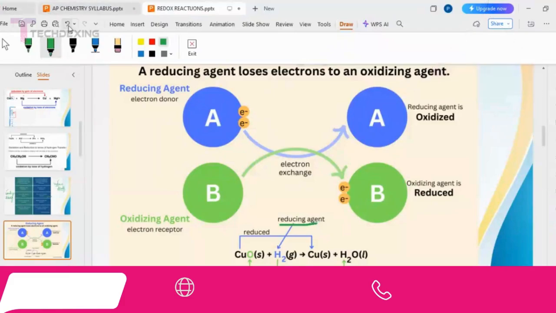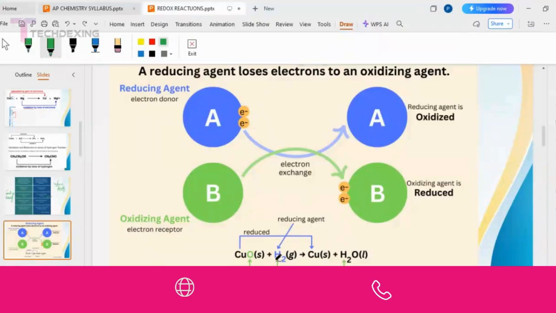But the hydrogen here acts as a reducing agent. It will reduce others but get oxidized itself. How? Because copper oxide has oxygen, that's why it acts as an oxidizing agent. It will give this oxygen to hydrogen.